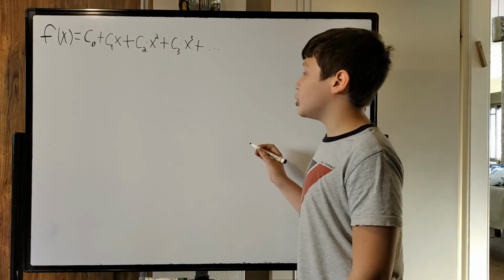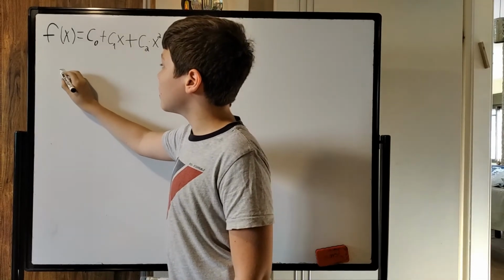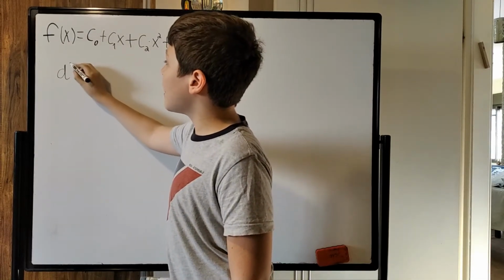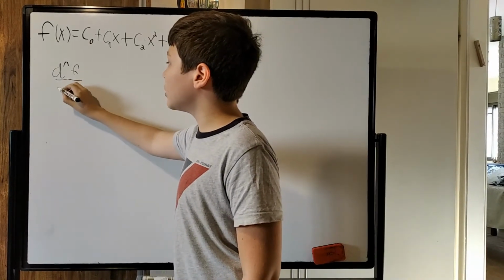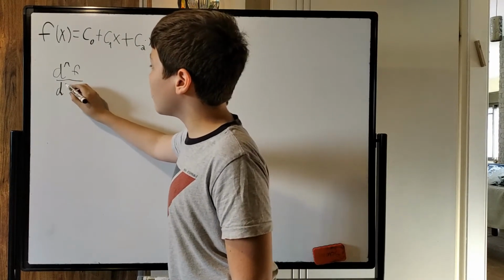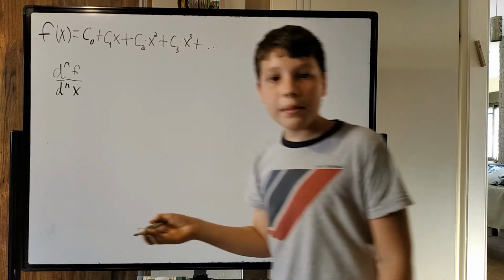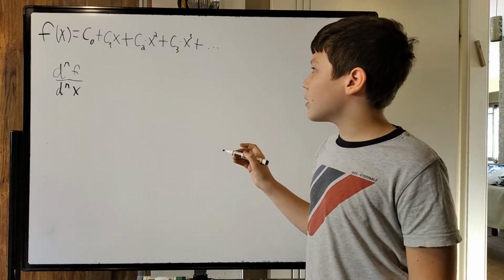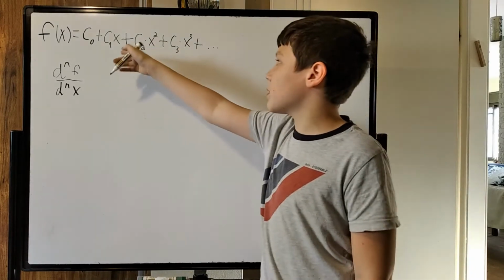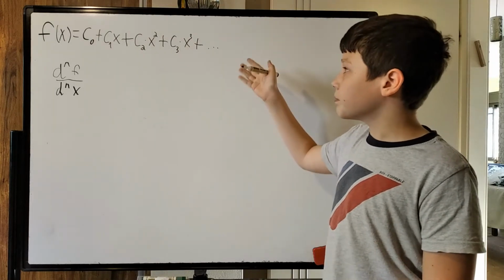What we will do is look generally at the nth derivative of the function, and we'll see what it will give us. So let's imagine what it's going to be like. Taking the first derivative, c1 plus a bunch of x stuff, which will cancel when we plug in 0.